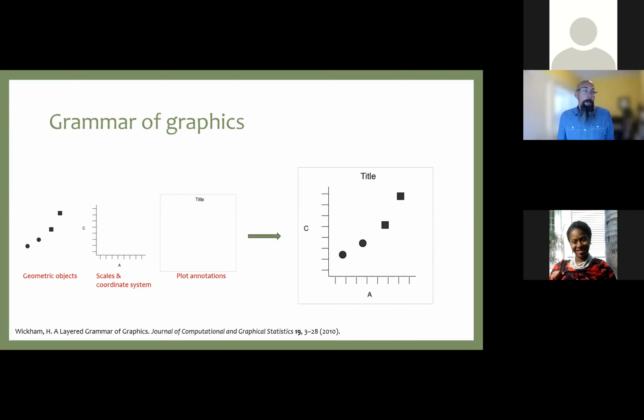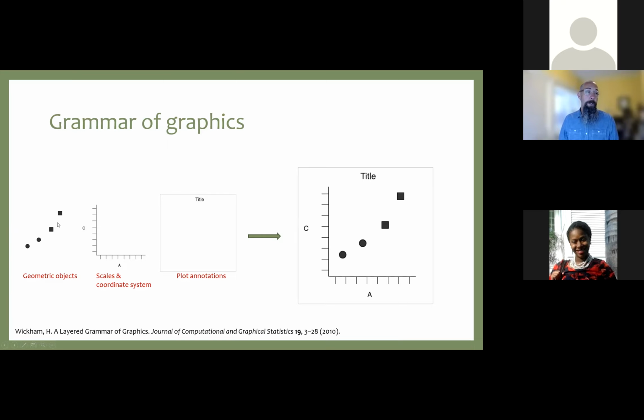Now, you don't have to know all of this, but I think it's kind of cool that people have thought about what makes a graphic a graphic. Actually, it's a series of layers of information, and so we're going to think about these layers. Some people call this the grammar of graphics. The layers are things like geometric objects, right?